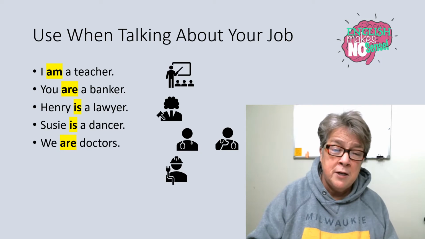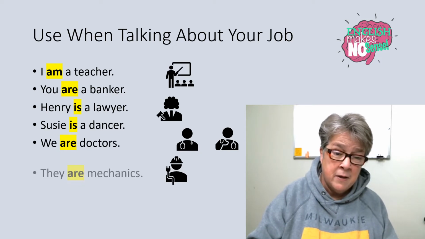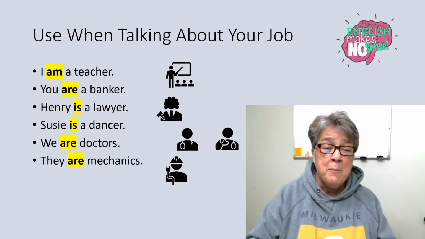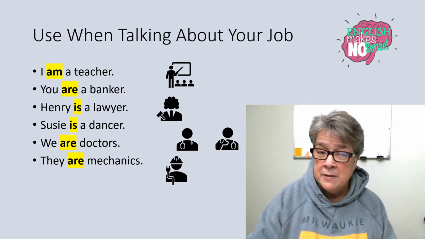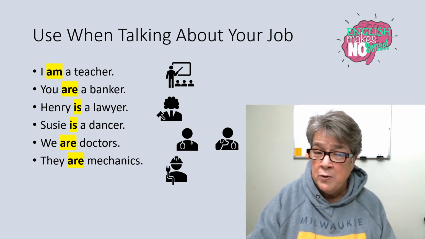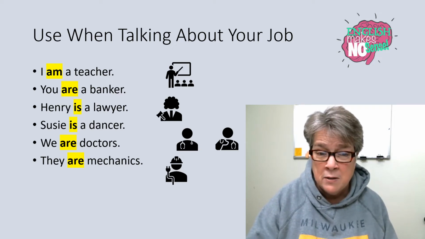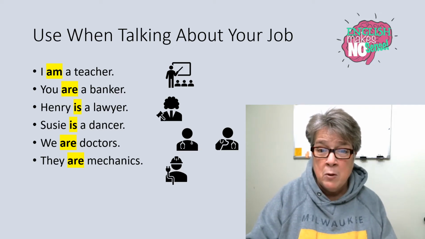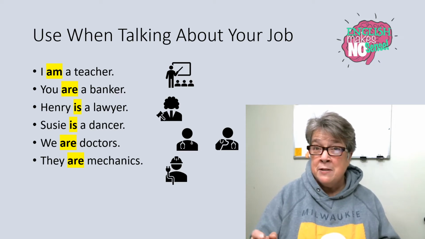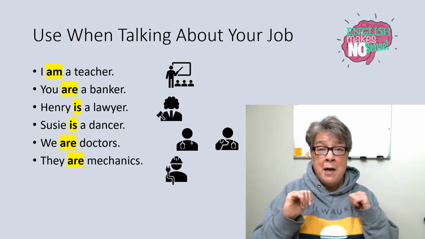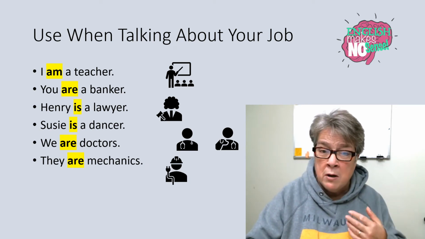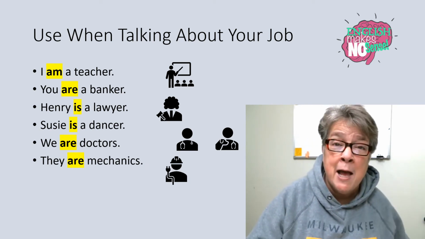We are doctors. They are mechanics. Okay? See how it looks. Read them over to yourself. Go ahead. When someone asks you, what do you do for a living? You can say, I am, and then you tell them what you are. Me, I am a teacher.